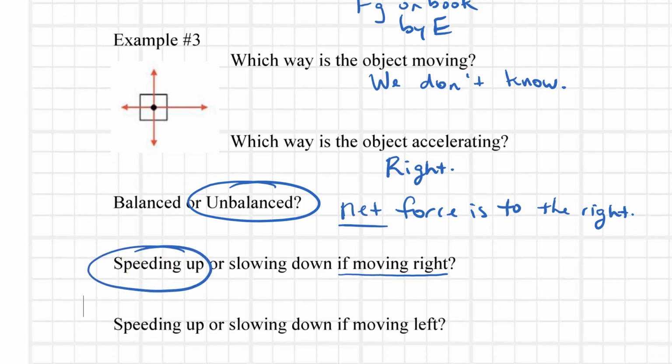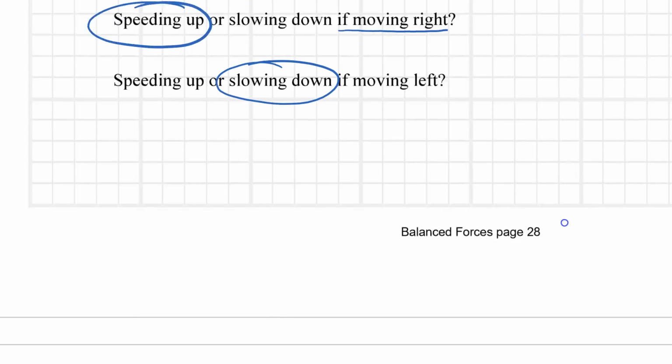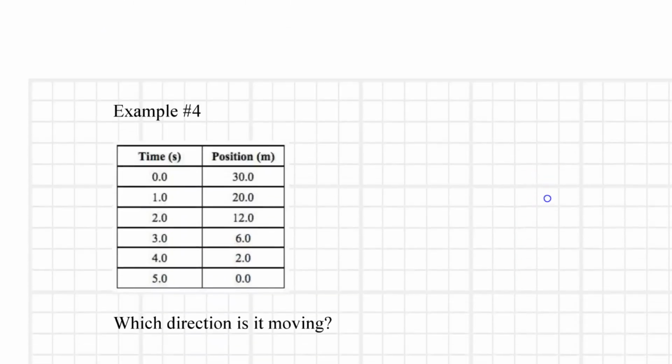If it was moving to the left, then it would be slowing down. So there is an example of, we don't know just from looking at the forces which way it's going. It could be moving to the right, speeding up. It could be moving to the left, slowing down. It could actually also have some vertical motion that is happening in this situation.